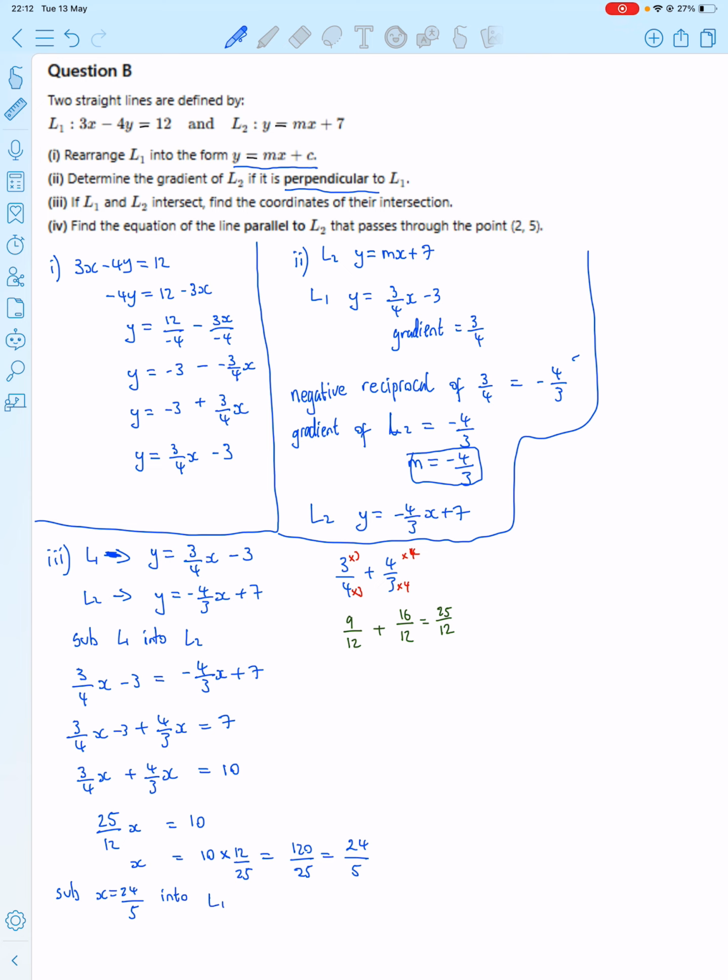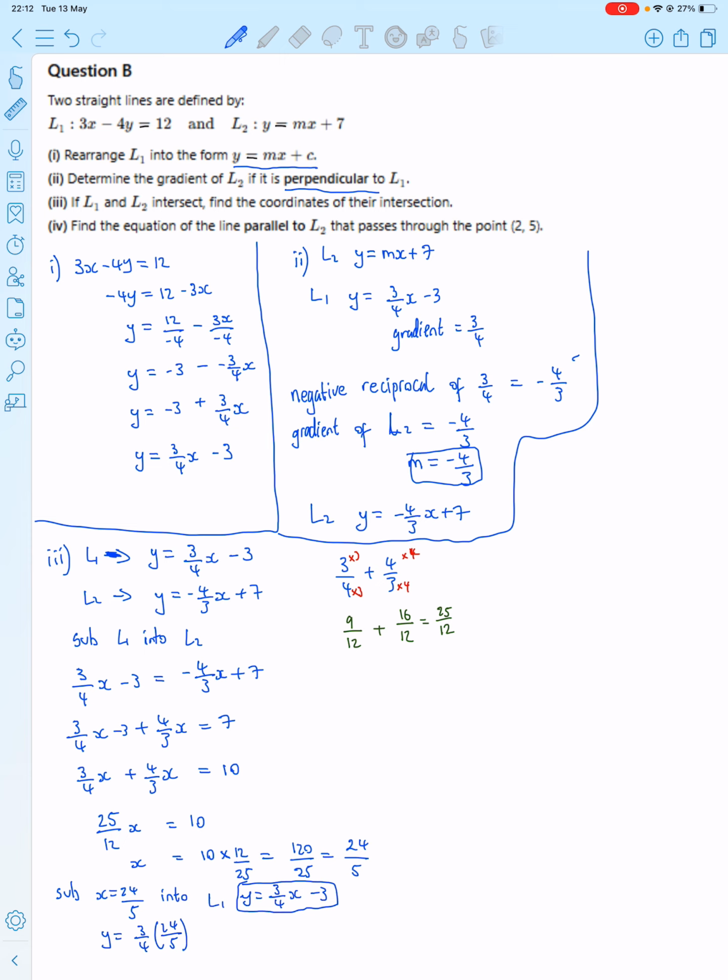So we have y equals 3/4 of 24/5, because the equation L1, just to remind us, was y equals 3/4 x minus 3. So that's that here.